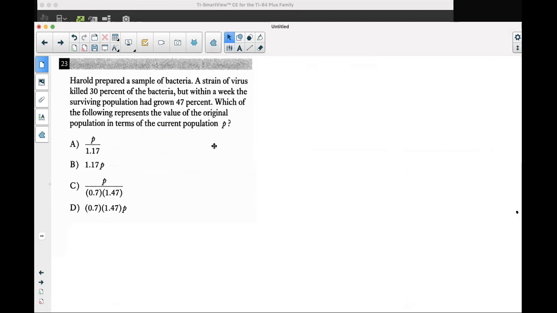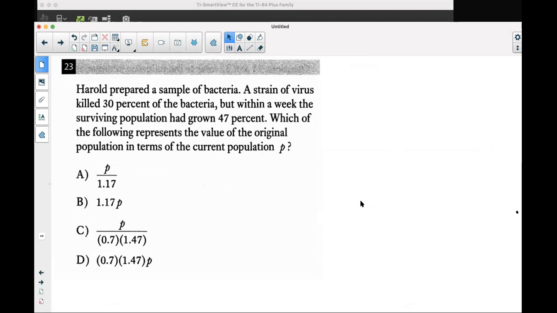So it says Harold prepared a sample of bacteria. A strain of virus killed 30% of the bacteria, but within a week, the surviving population has grown 47%. So first, killed 30% and then grown 47%. Which of the following represents the value of the original population in terms of the current?